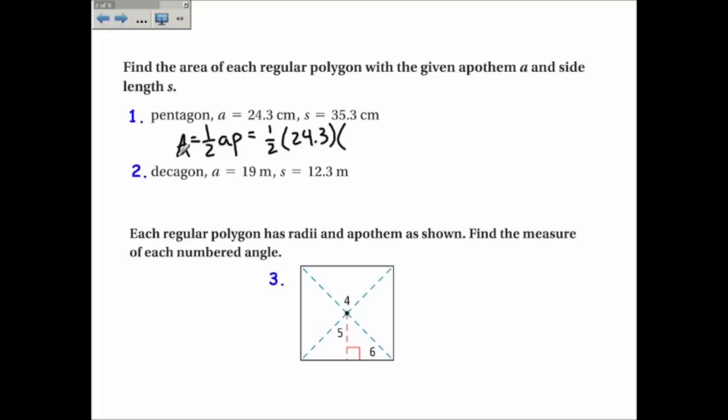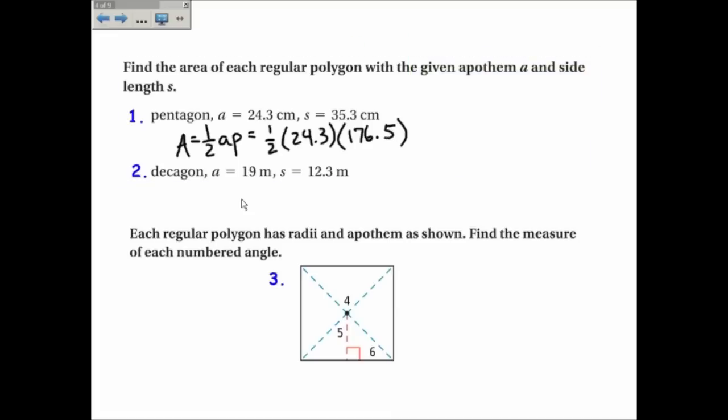So if each side length is 35.3 centimeters, and there's 5 sides in a pentagon, then the perimeter will be 35.3 times 5, and we get 176.5 centimeters.